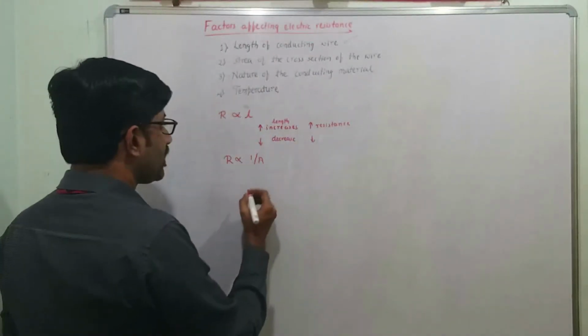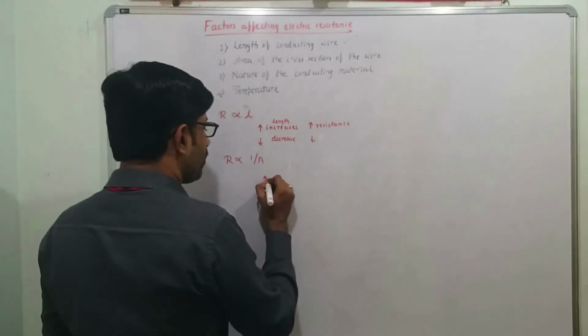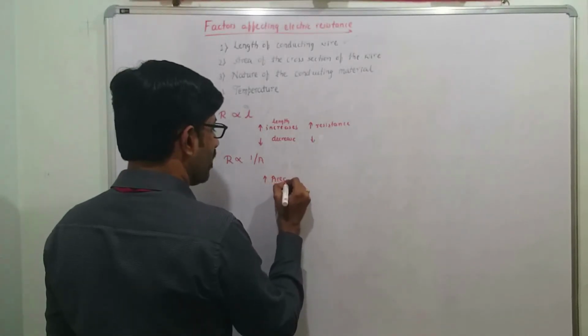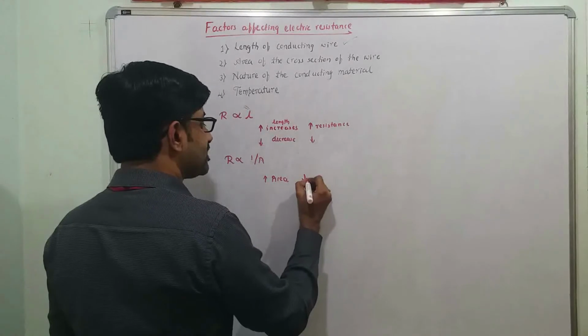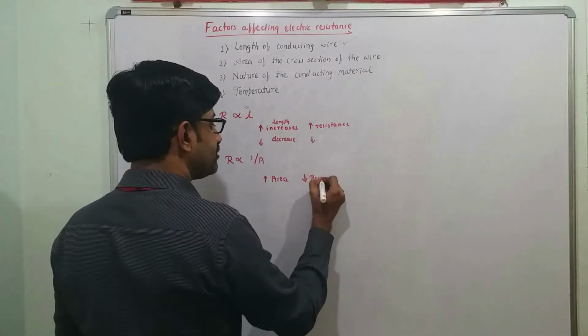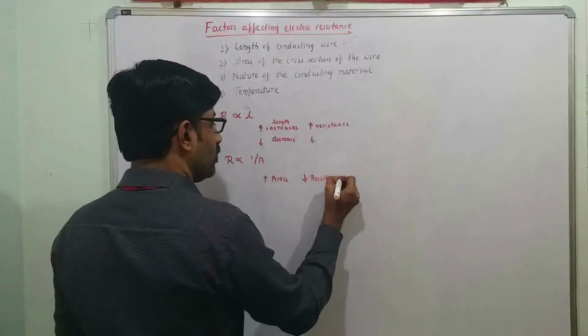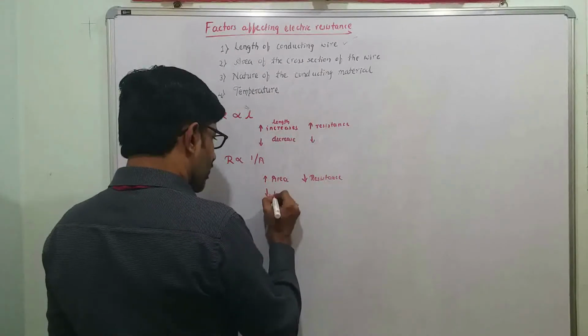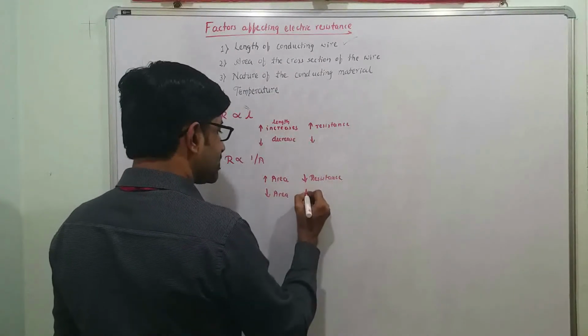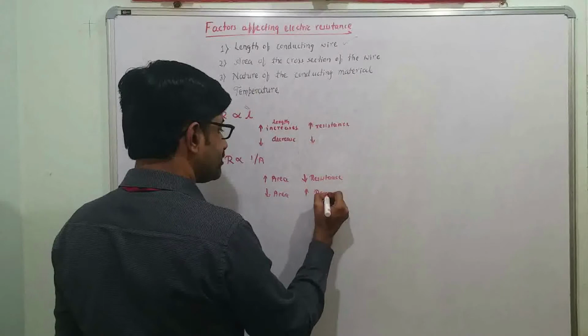If you increase the area of cross section, resistance is going to decrease. If you decrease the area of cross section, resistance increases.